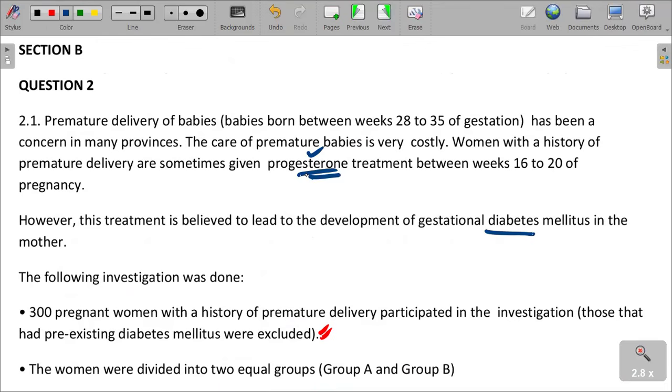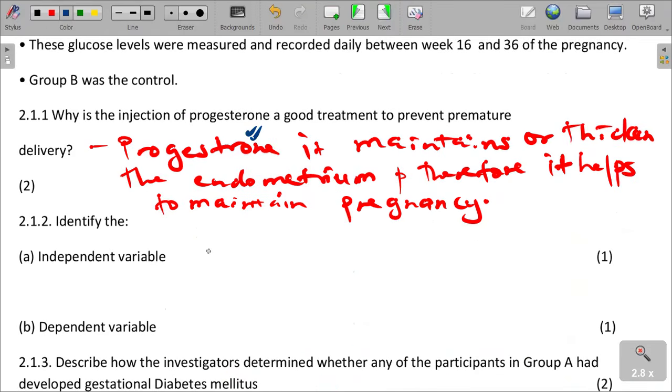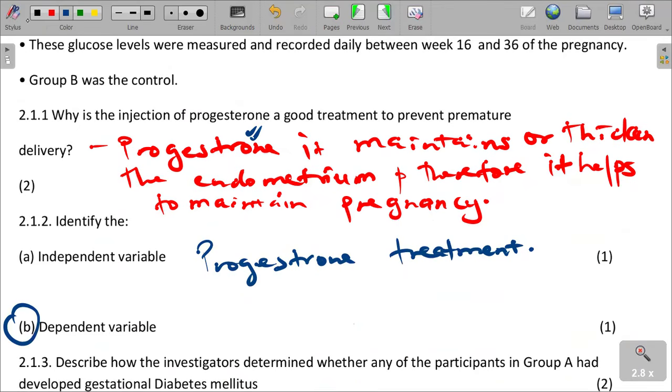Progesterone treatment is the independent variable, and then the dependent variable is the development of gestational diabetes mellitus.